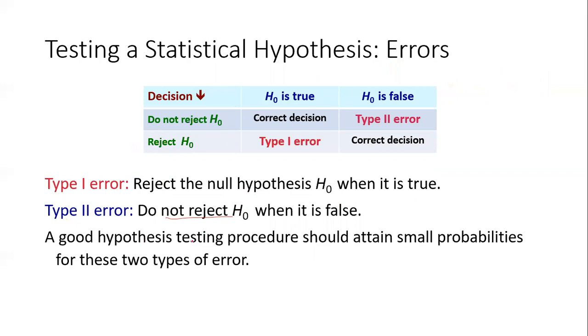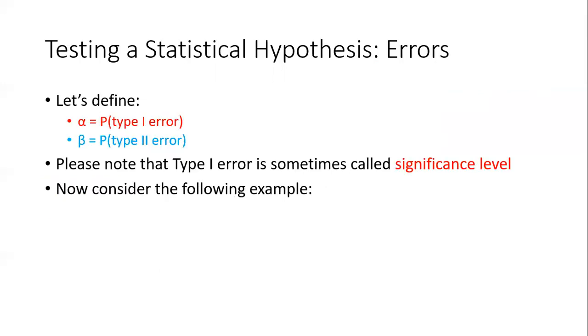A good hypothesis testing procedure should attain small probabilities for these 2 types of error. So as a statistician or as an engineer, before making the hypothesis, you should choose your parameters so that the probabilities of making these 2 errors are as small as possible.